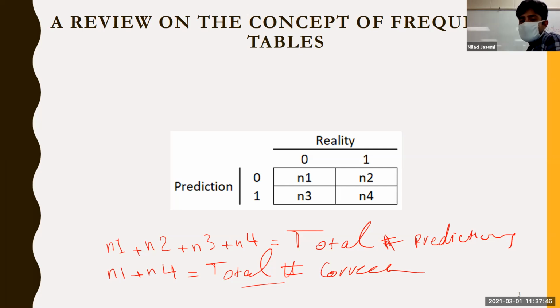N2 means the number of wrong 0 predictions. We put 0 for 1 cases. Okay, so if there is a command in R that can generate for us a frequency table, that would be great.